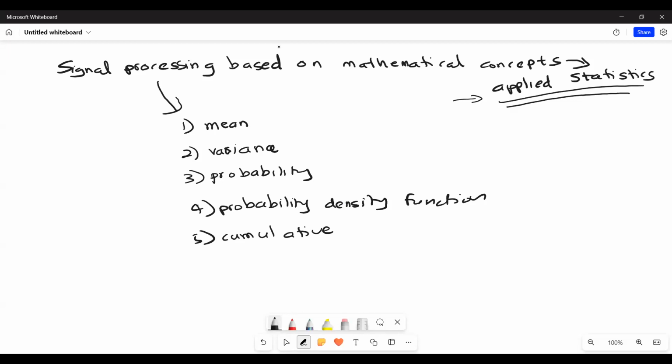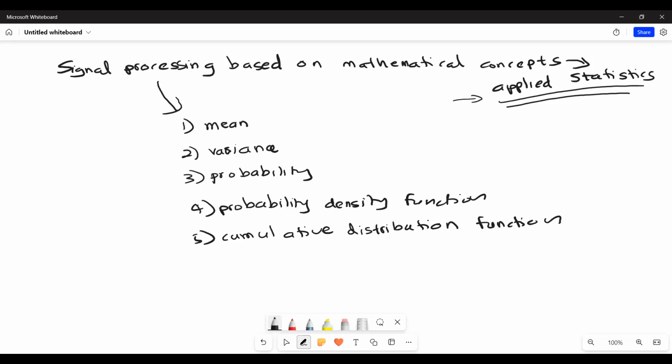So we have different statistics like that.